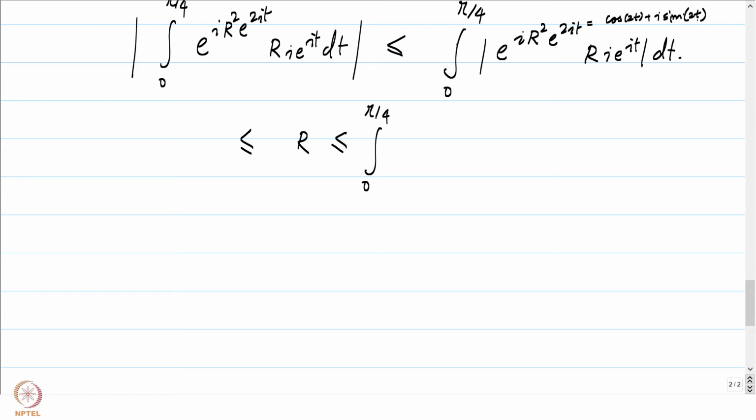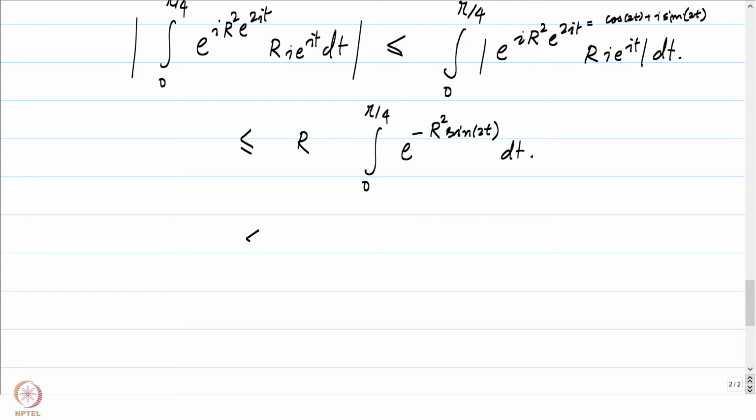The cos 2t term will not contribute to the absolute value, it will just be modulus 1, and we will have the absolute value of e to the power, which is actually positive, minus r square sin 2t dt. This is precisely what we will be able to conclude here.